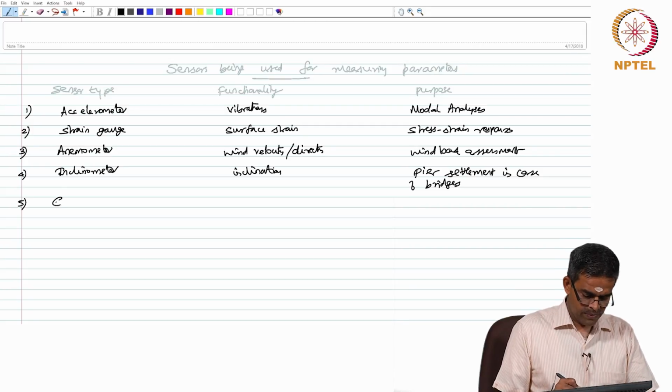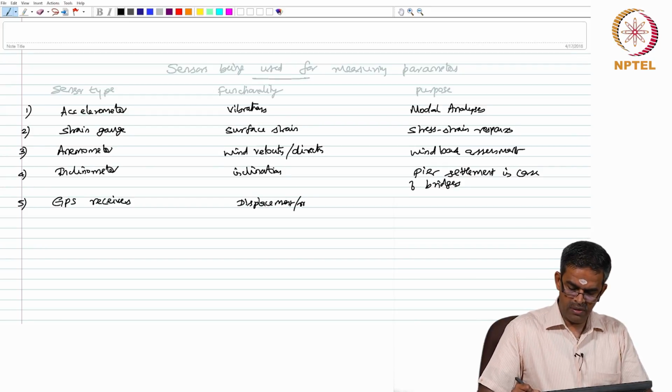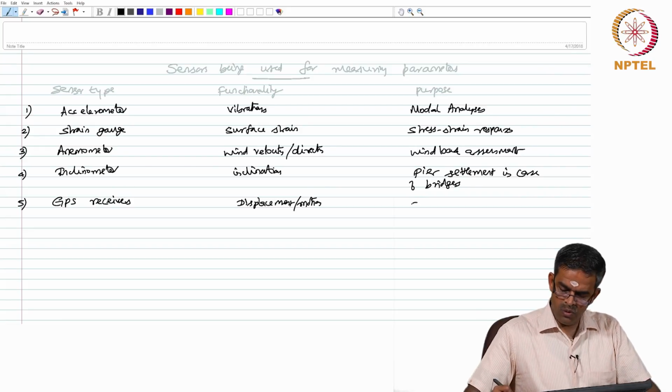Fifth could be GPS receivers. The functionality is to measure displacement and response. It can be used for model validation.